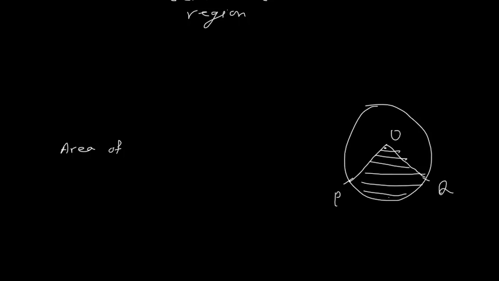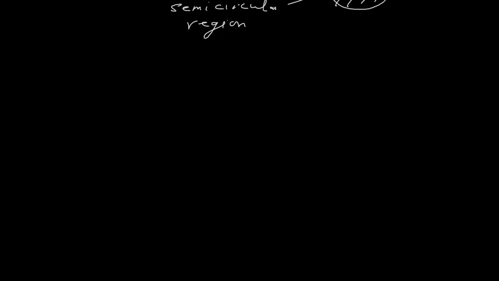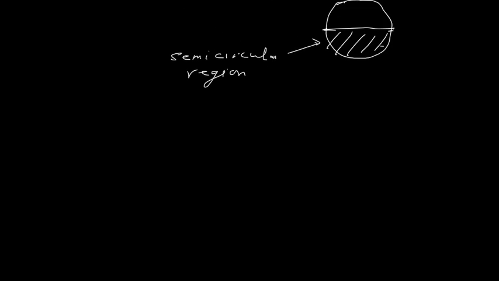Now when defining area of sector, I will first write center O, and then I will mention these endpoints. So I will say that area of sector O, then I will use a small dash and write PQ. So area of sector OPQ.